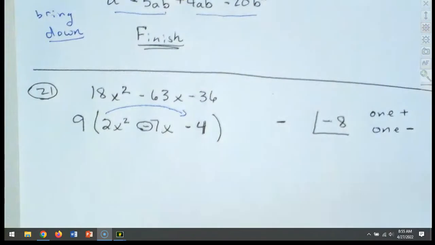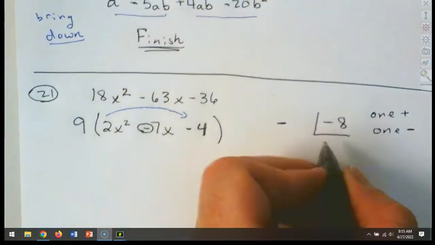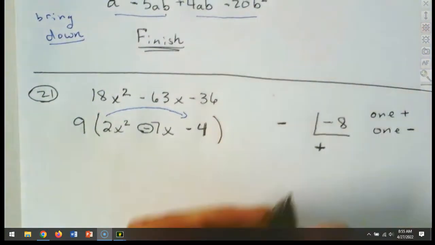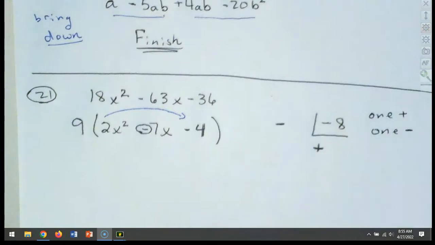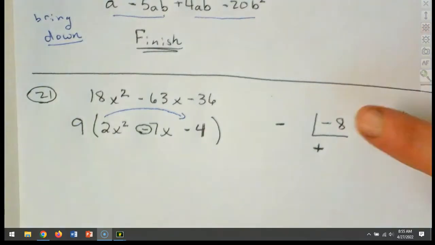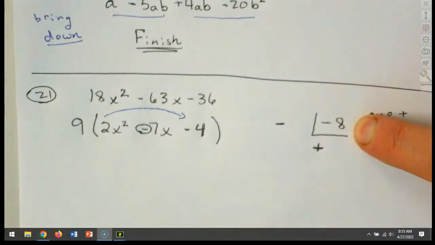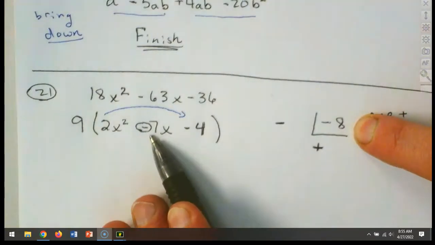Can someone tell me what 2 numbers are going to work here? Because you need to make sure you can find them. What 2 numbers multiply together to give you 8 and subtract from each other to give you 7? Can anyone tell me what the two numbers would be? Okay, here's a hint on where to begin. Look at the number in the box. Look at the number in the middle.